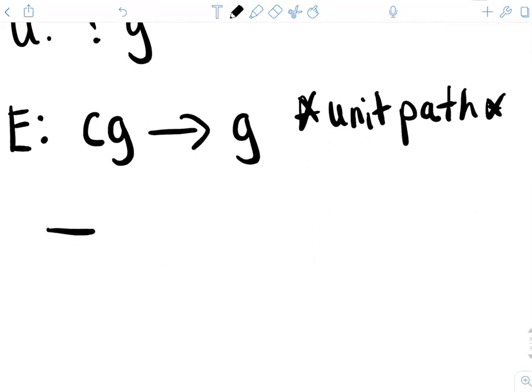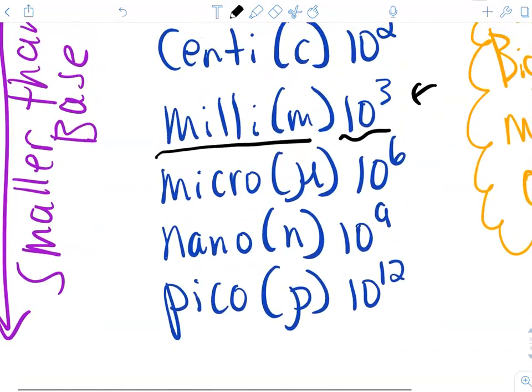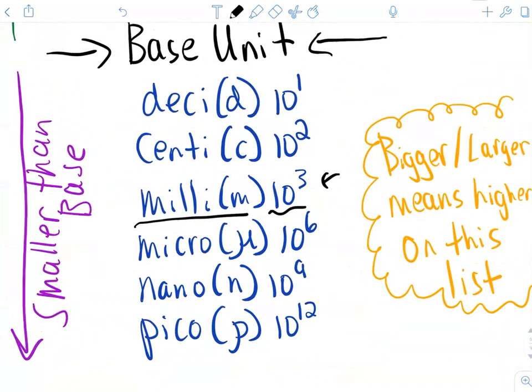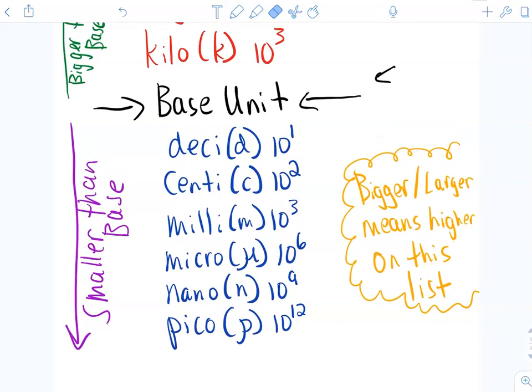So how many centigrams is going to be equivalent to the gram? So how many centigrams equals blank grams? This is where I go to my chart and I figure out which one is bigger. Is it centi or the gram? And remember, gram is a base unit.